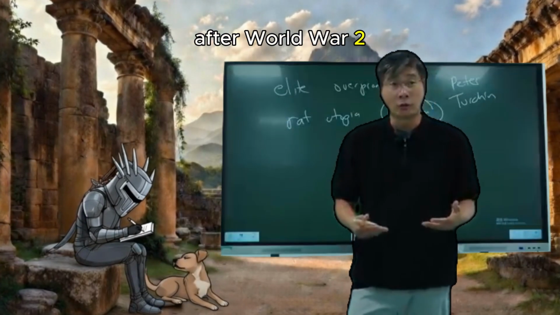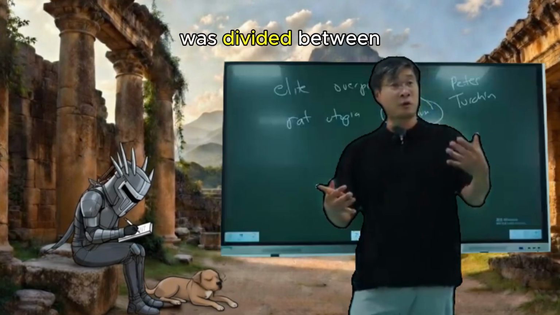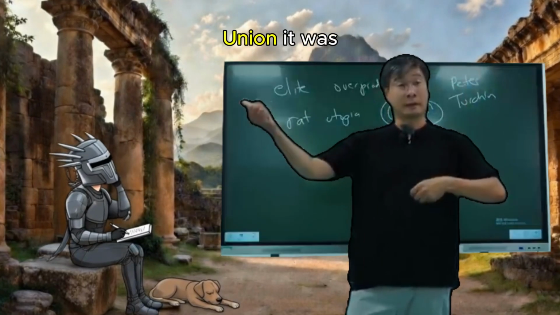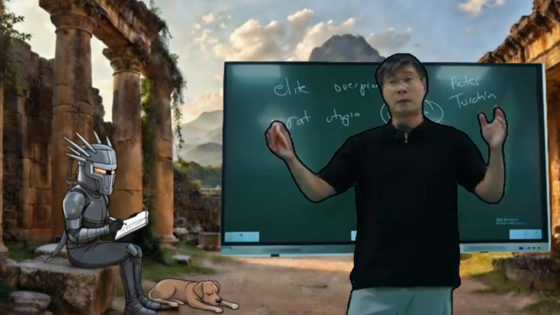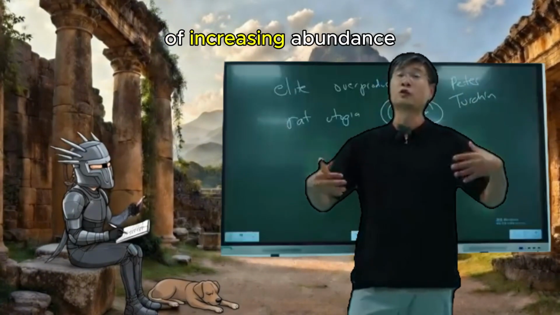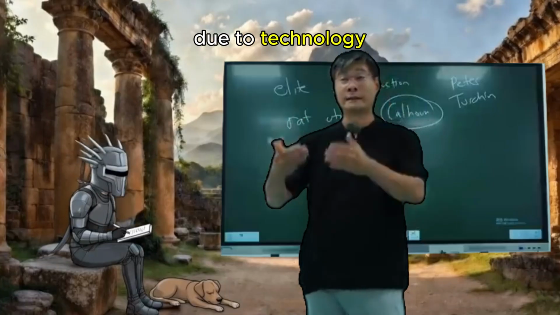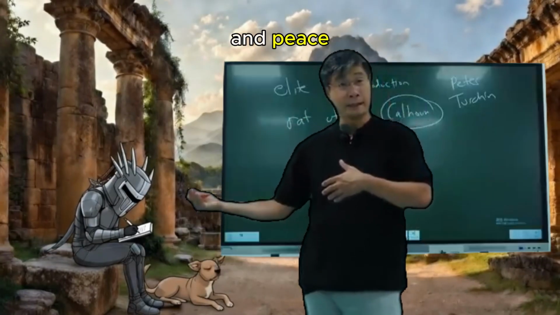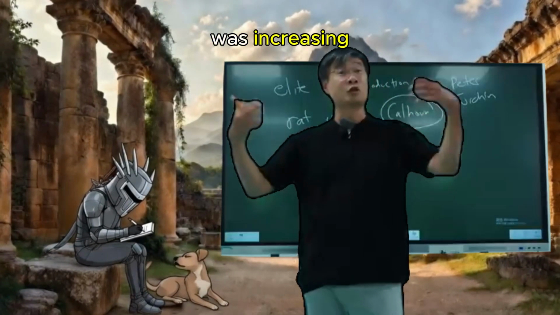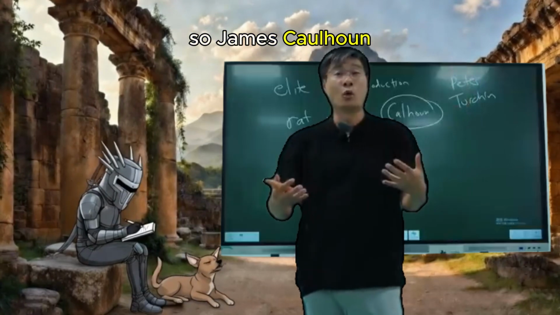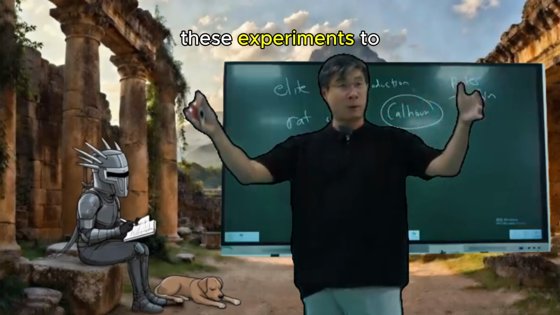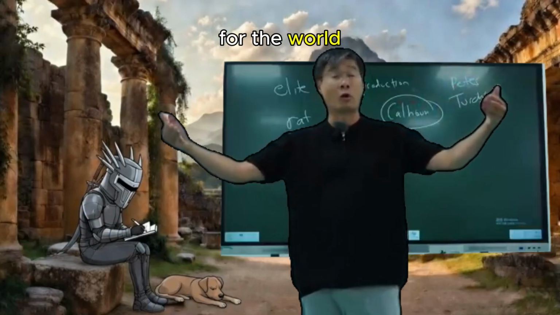After World War II, the world was divided between the United States and the Soviet Union. It was the Cold War. But it was also a time of increasing abundance due to technology and peace. And the population was increasing. So James Calhoun conducted these experiments to figure out what this meant for the world.